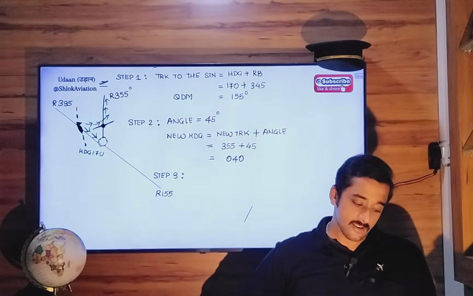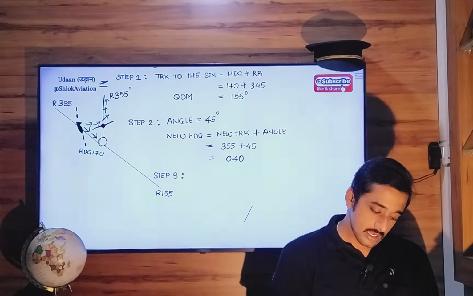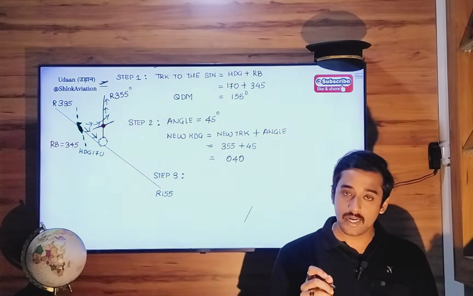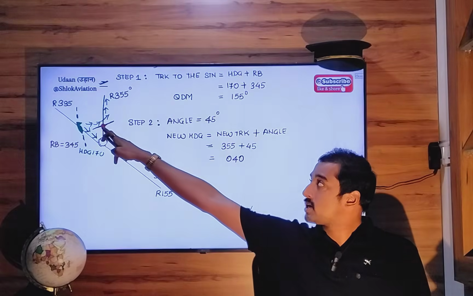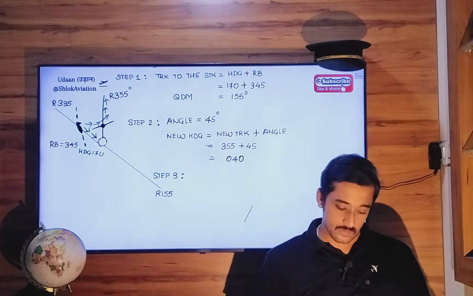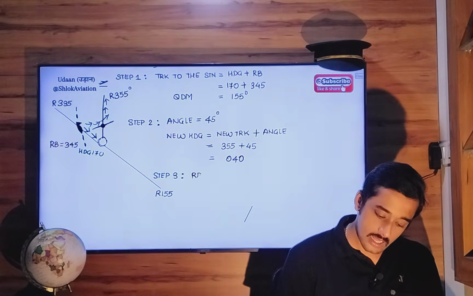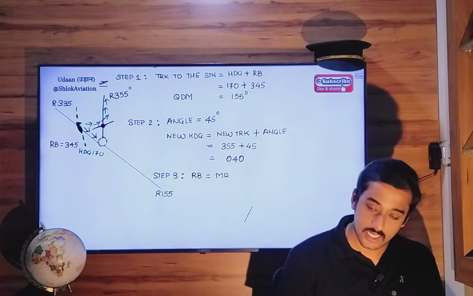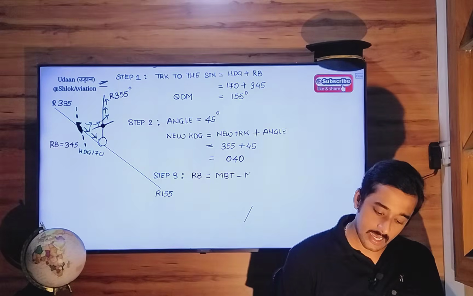So currently relative bearing of your aircraft is 345. Now the moment your aircraft is positioned on track 355, what will be the relative bearing? So relative bearing is magnetic bearing to the station minus magnetic heading.